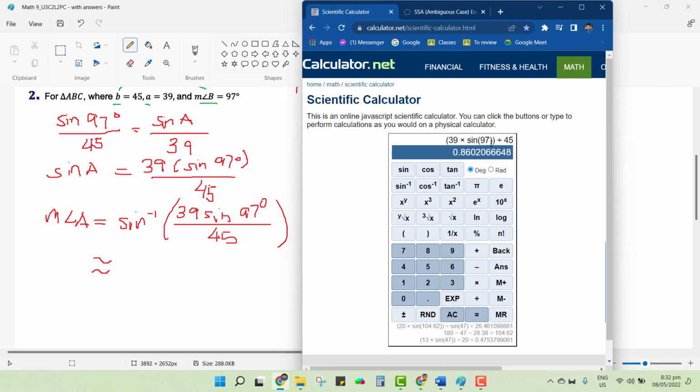Check it if you would like to: 39 times sine 97 divided by 45. When you click equals, that will be saved as your previous answer. Use that as you take your sine inverse, click answer and equals again. Your final answer for the measurement of angle A in two decimal places is 59.34 degrees.